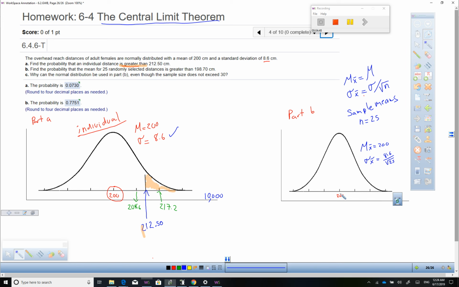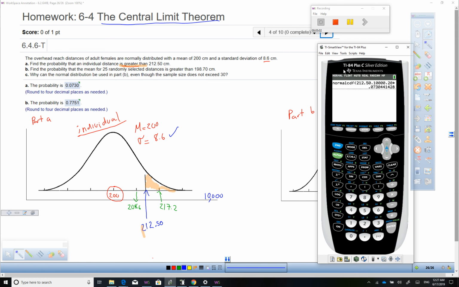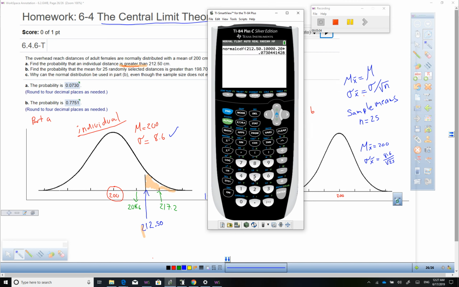Let's see, we have 200. At this point, 198 should be a little bit less than that. Let me check what this quantity is. 8.6 divided by the square root of 25 is 1.72.